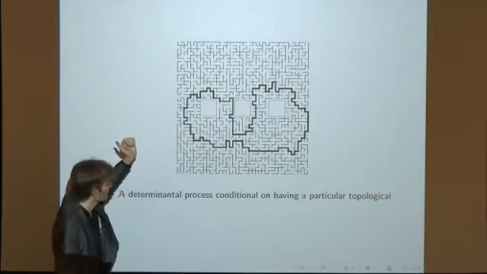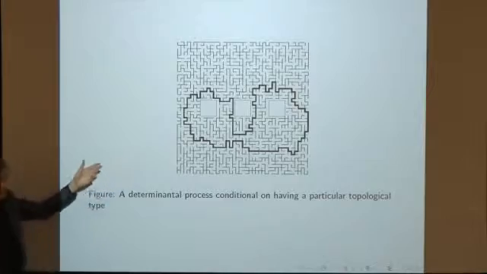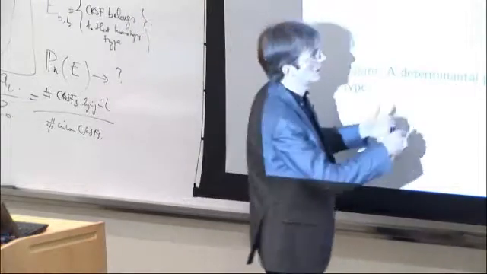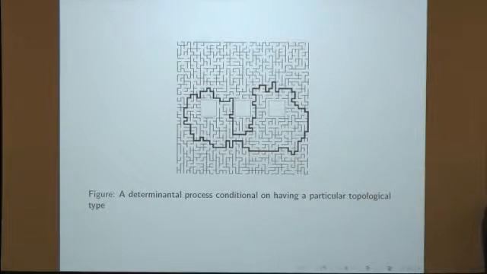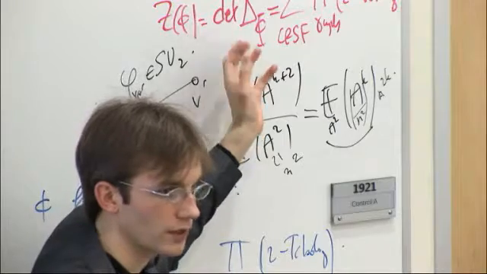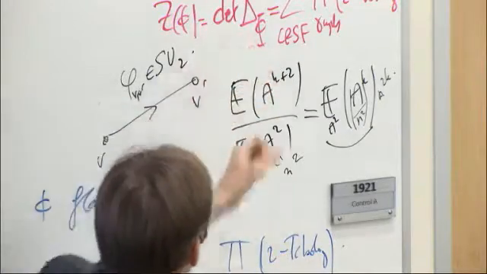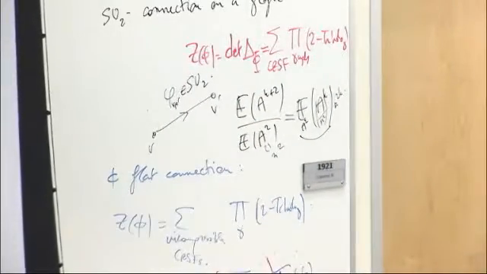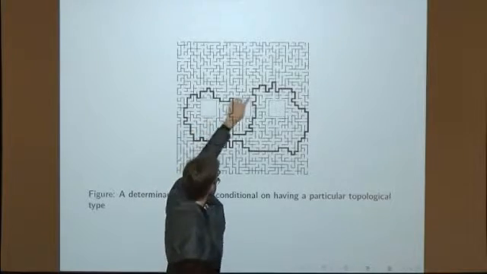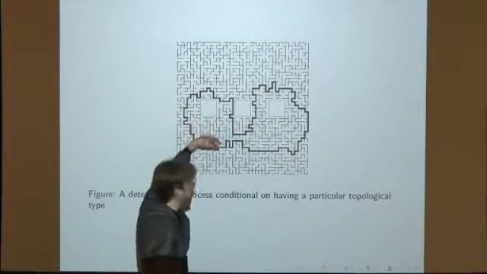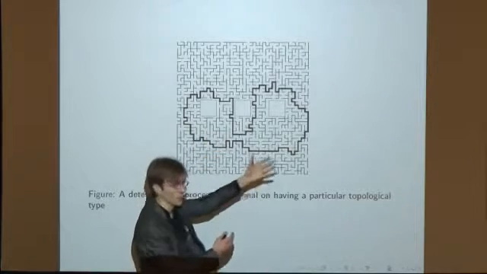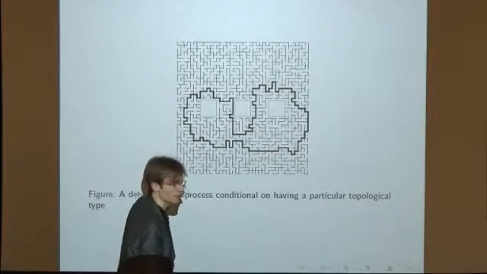I can construct such a measure using some connection, and then the determinant of the Laplacian will be a partition function for these. So I take a connection phi such that the holonomy around any hole here is trivial, but the holonomy around a more complicated path is not. This relies on the non-commutativity of the SU2 matrices.